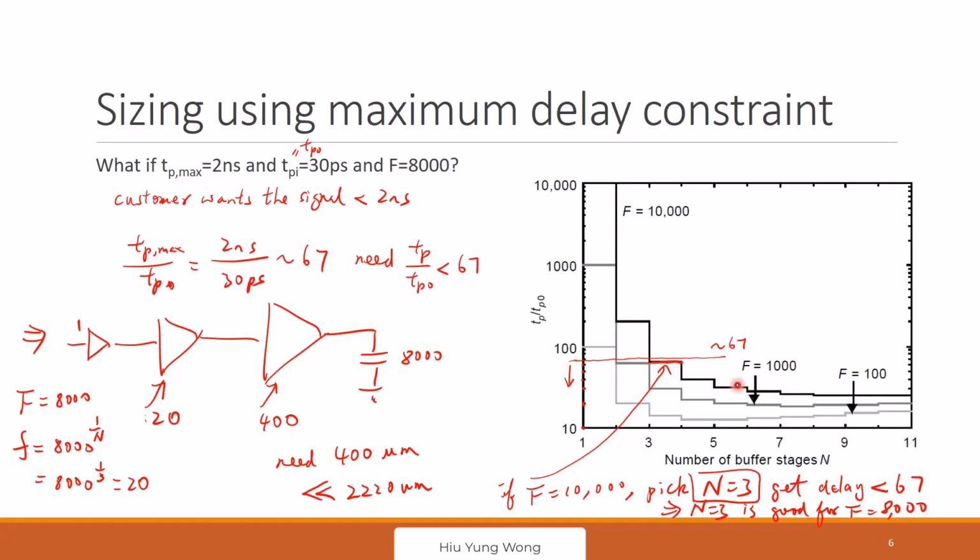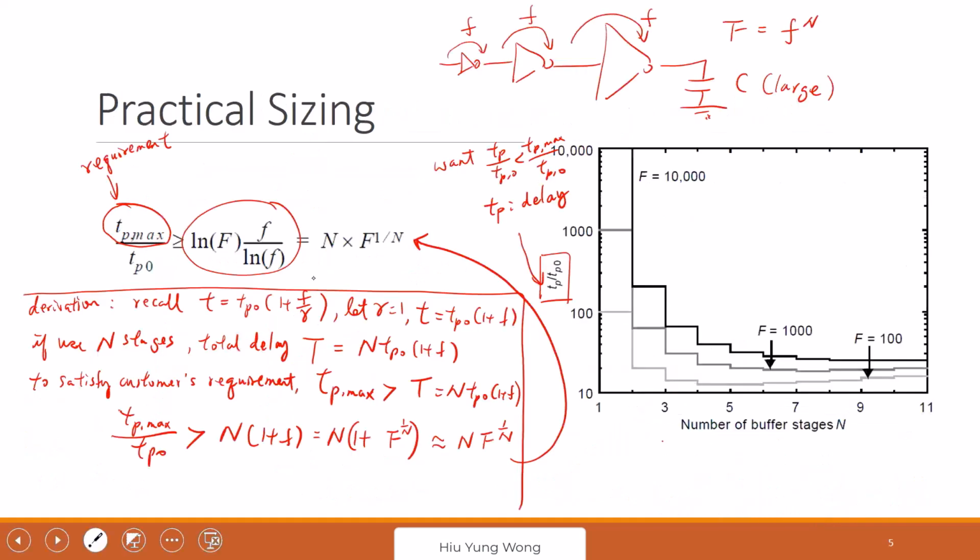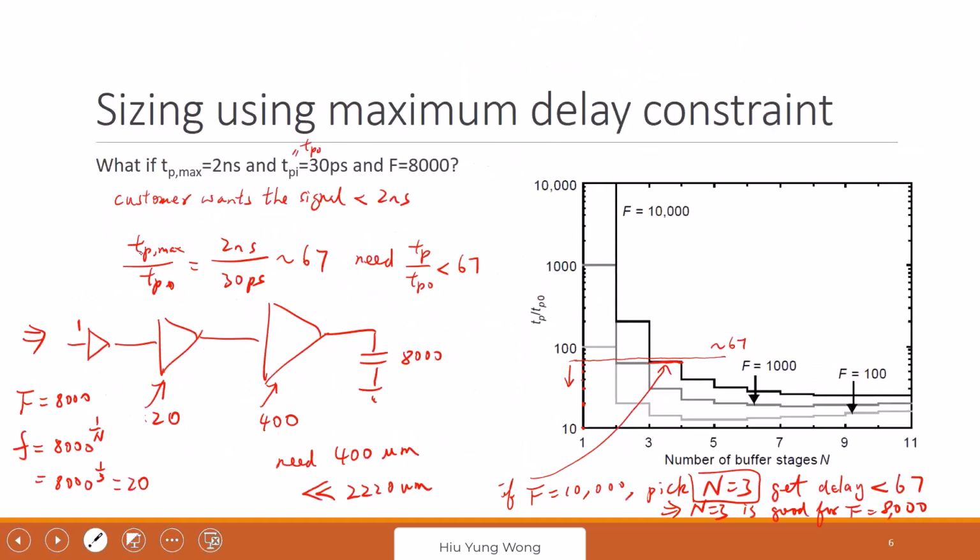The requirement of the customer is TP max divided by TP0 equal to 47. We need to make sure the delay is less than this, so any curve below this 47 will meet the customer's requirement.